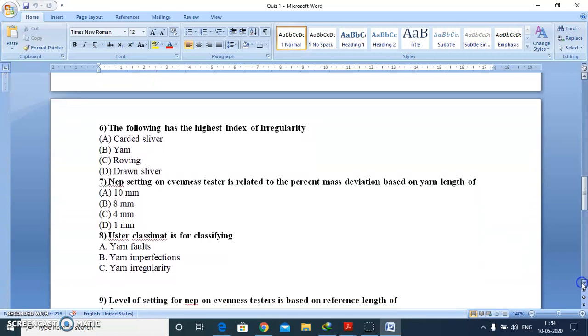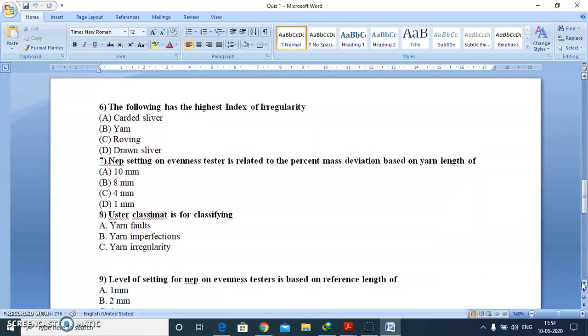Now the next question is: the following has the highest index of irregularity. As we all know that index of irregularity is the ratio of limit CV, that is the minimum CV present in the yarn or any textile strand, to that of the actual CV. Sorry, it is inverse.